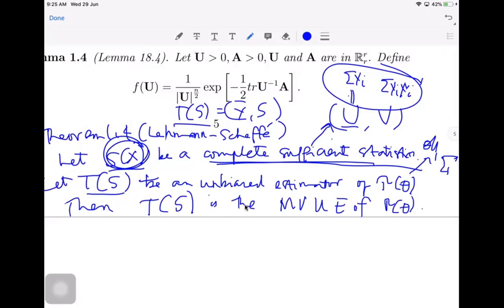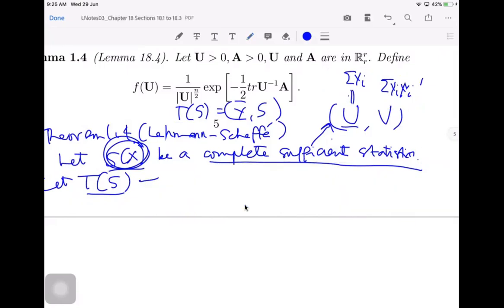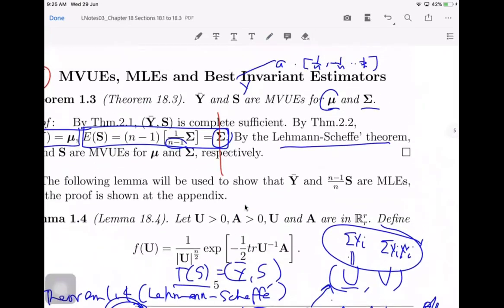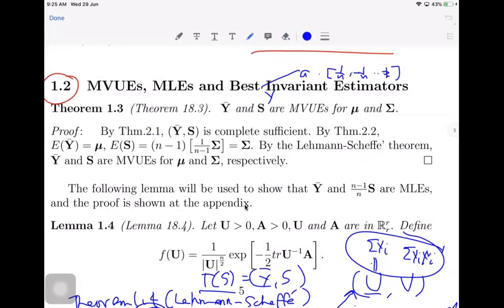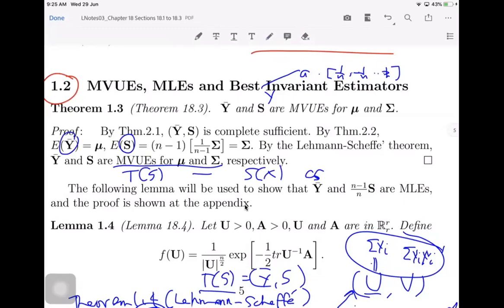So that is according to the theorem by Lehmann and Scheffé. If you satisfy this, then it is automatic. So with Lehmann-Scheffé, if you show that your statistic T of S, a function of an S which is complete sufficient, is unbiased, then it is MVUE directly. Okay, so we use the Lehmann-Scheffé to prove this theorem.